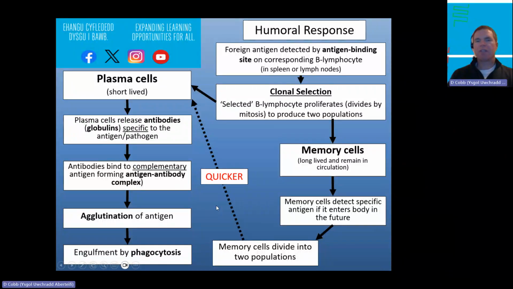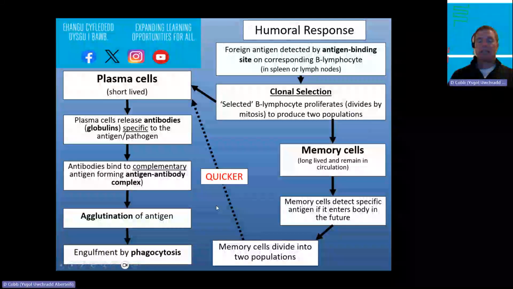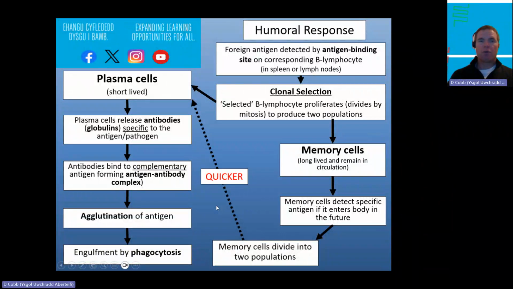Now, because these memory cells are already in circulation, first of all, it's easier for them to be found. And secondly, they're activated. That is, they form these plasma cells much quicker. They proliferate much quicker. So they form plasma cells, and we get the same process happening if that antigen enters the body.